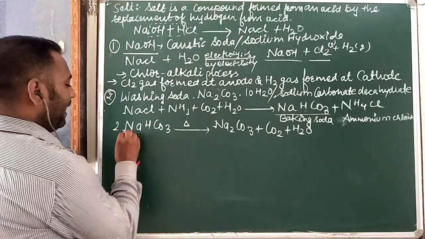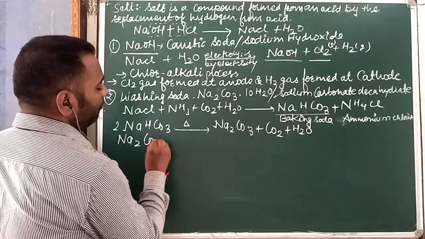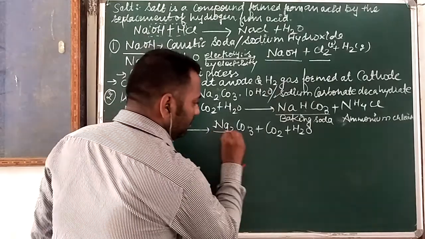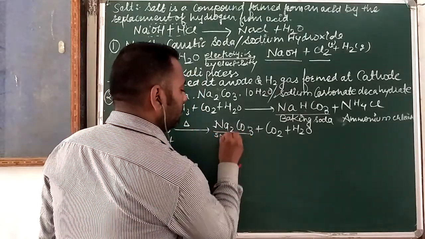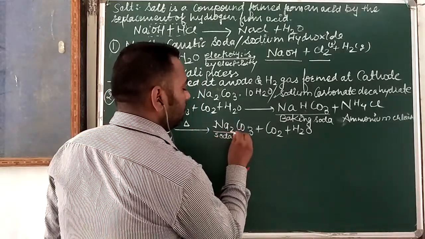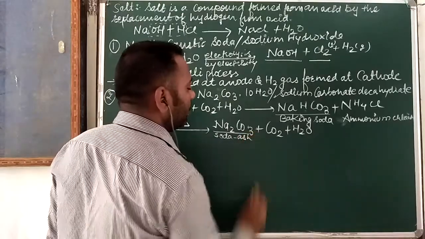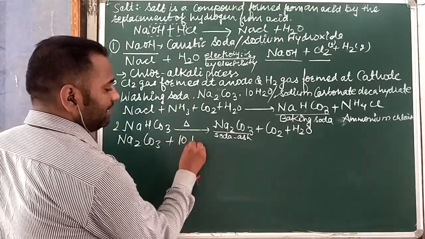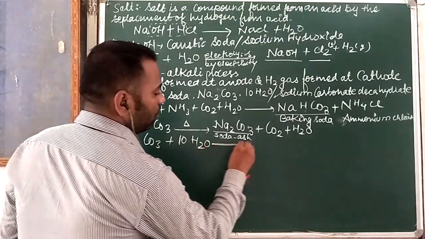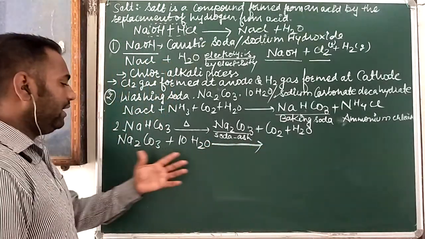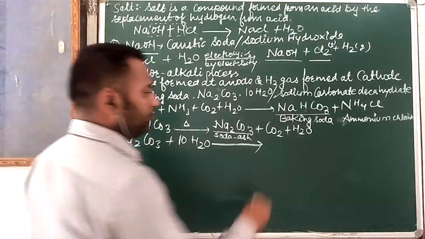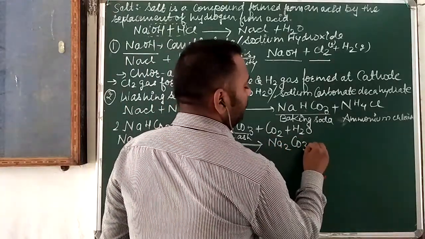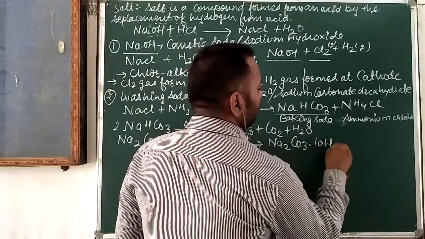Then when we add 10 molecules of water of crystallization to this soda ash, this is soda ash. When we add 10 molecules of water of crystallization to this soda ash, then formation of Na2CO3·10H2O.